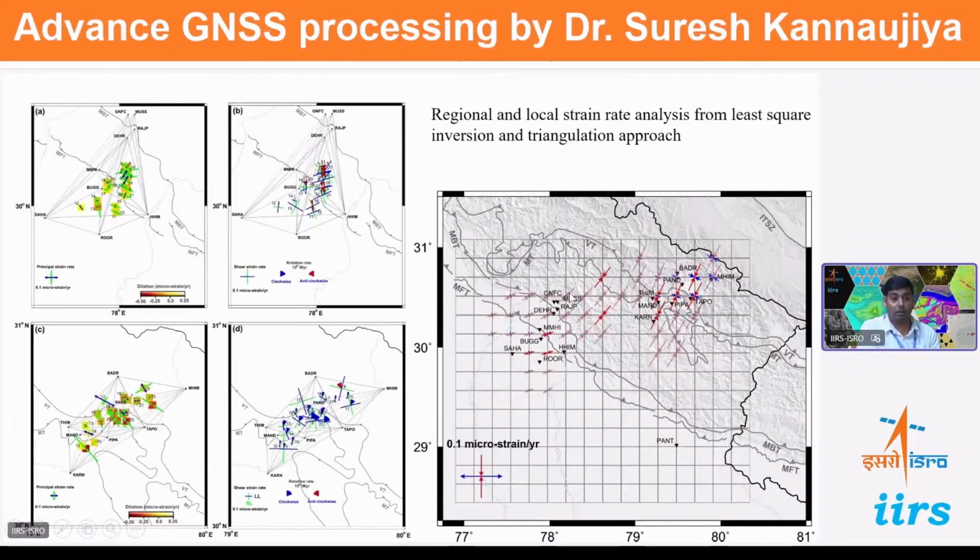You can see here we got information on how strain is accumulating across the HFT, MBT, and MCT regions, how much shear strain there is, and in which direction shear strain is higher. We have also estimated compressional and extensional strain through this GPS data. You can see how compressional and extensional strain is increasing and the direction of compression and extension. Okay, so all this we have done through the GPS data.